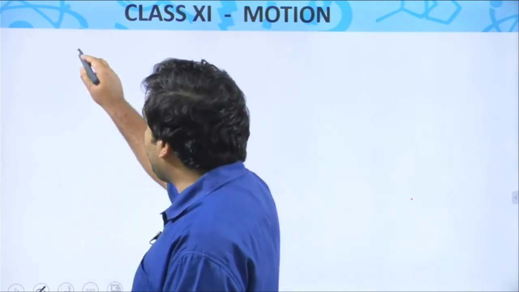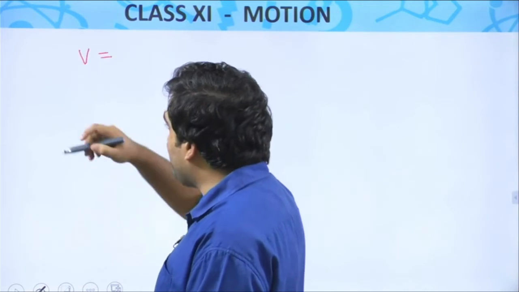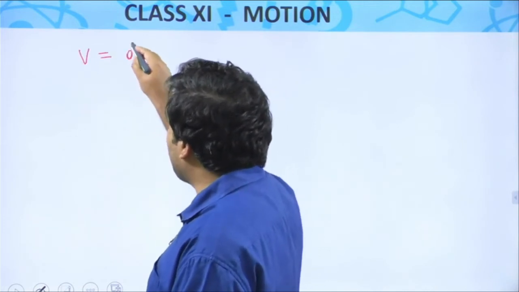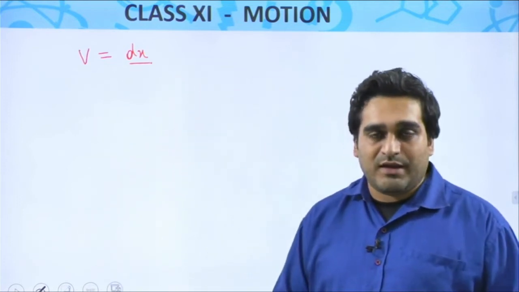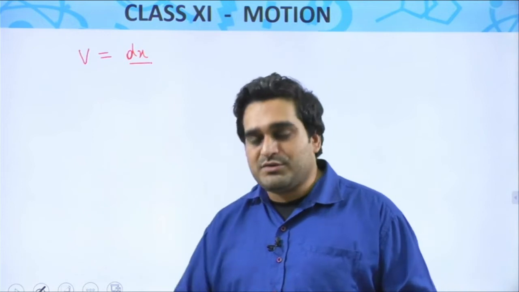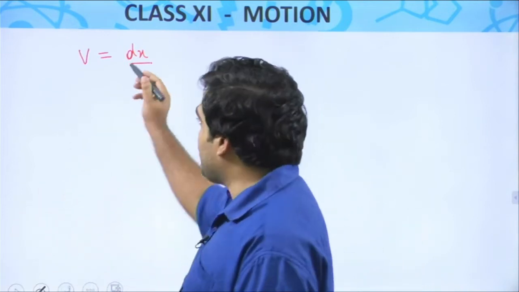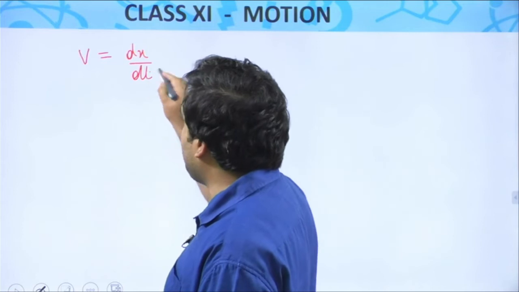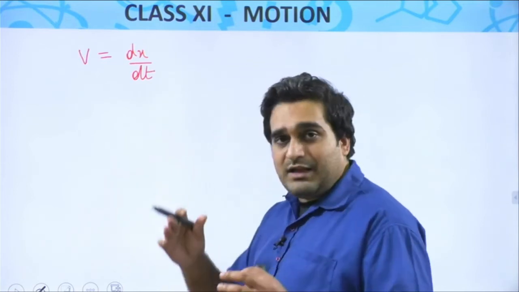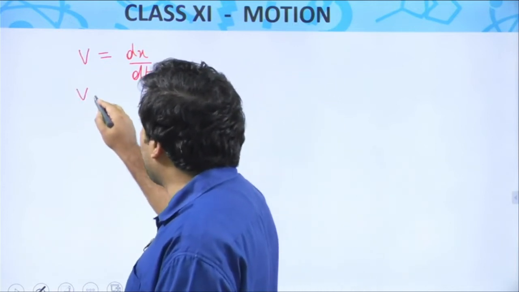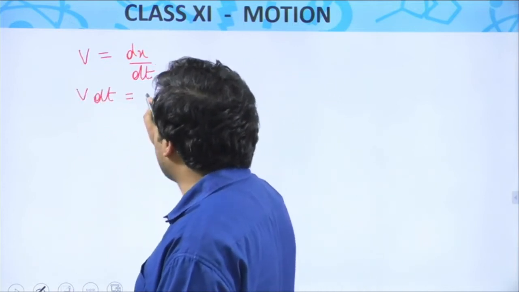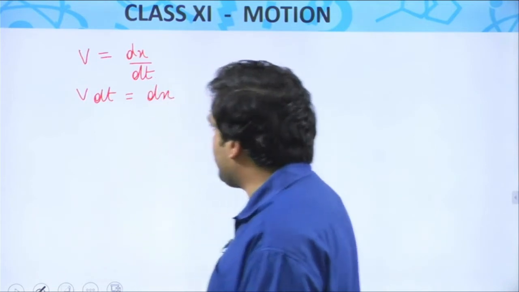For the next equation of motion, we consider the definition of velocity, where velocity of a given object is the rate of change in position of an object, the rate at which the object's position changes. So dx by dt. Just like we did for acceleration, we transpose that dt to the other side, so you get v dt equals dx.